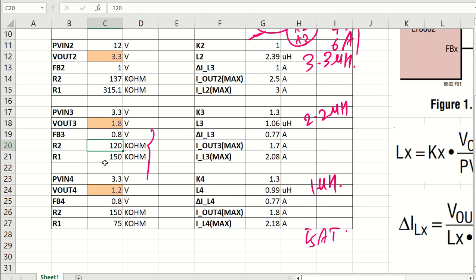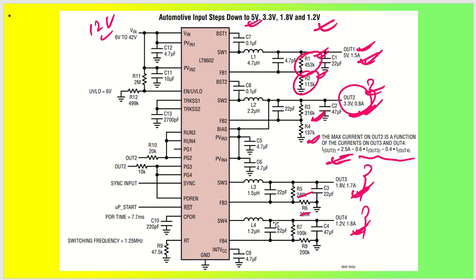This was 120 kilo ohm and 150 kilo ohm, and 150 kilo ohm and 75 kilo ohm. Sorry, R2 was actually 150 kilo ohm, so this will be 120k.